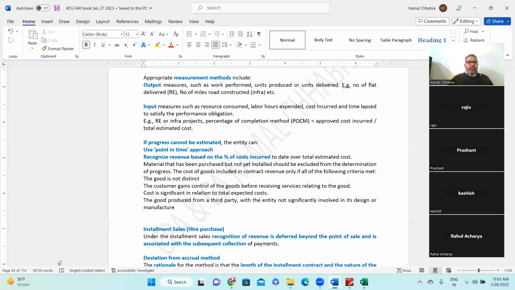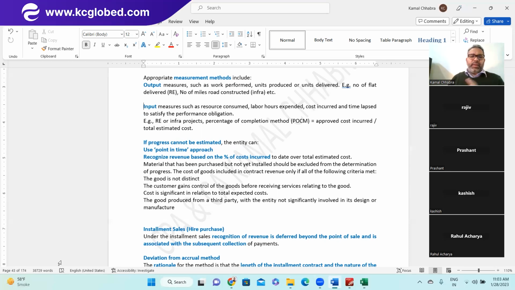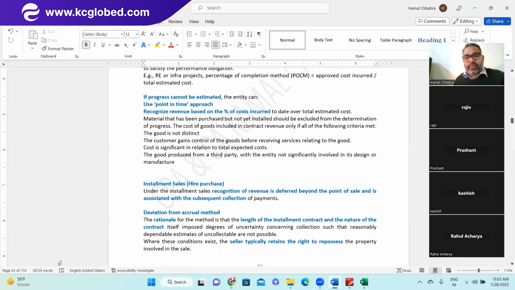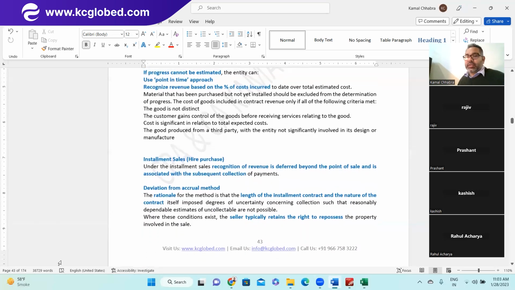Okay. So if the progress cannot be estimated, the entity can use the point-in-time approach or recognize the revenue based on the percentage of cost incurred to date over the total estimated cost, similar to the percentage of completion method. Material that has been purchased but not yet installed should be excluded from determination of progress, right?